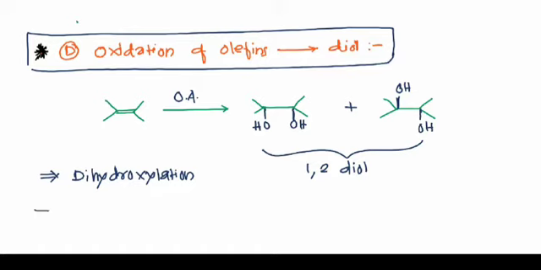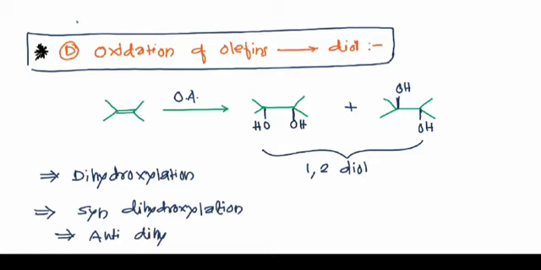The first product, where both OH are on the same side, is called syn dihydroxylation. And the second product is going to be called anti-dihydroxylation.